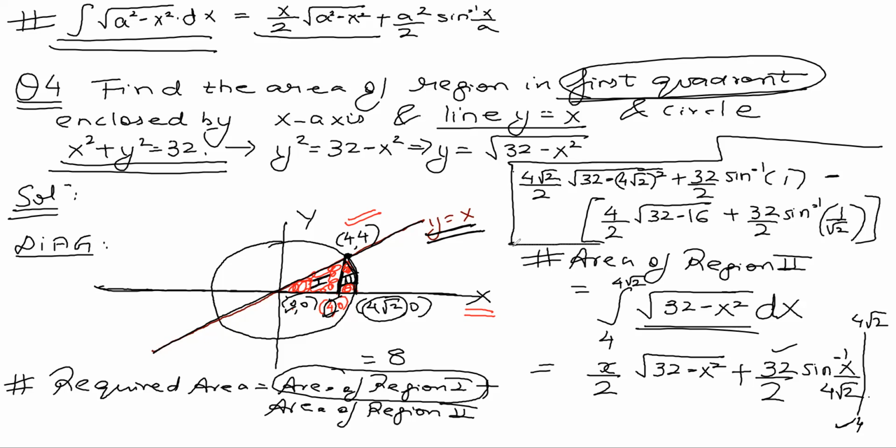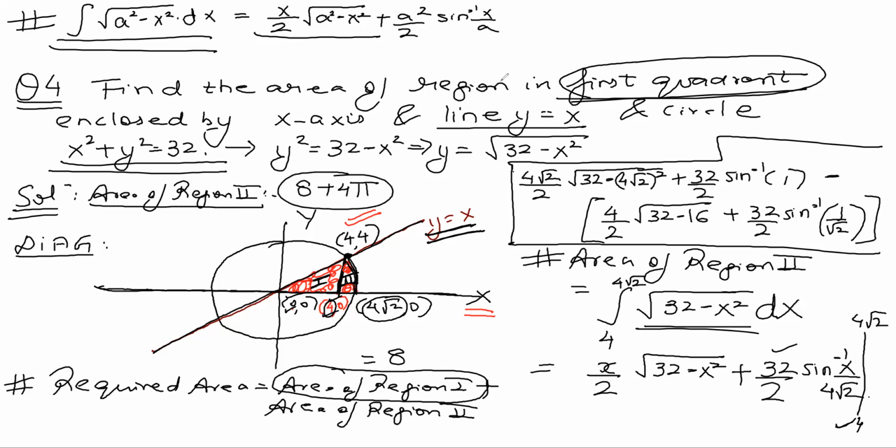So guys, now you can solve this at home. It's not tough to solve. If you solve it at home, you get your answer as 8 plus 4 pi. So I can write area of region 2 is nothing but 8 plus 4 pi.